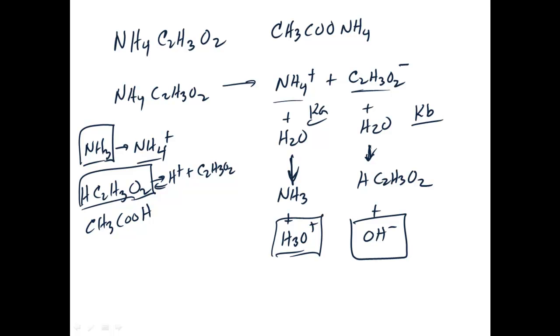So we have to look at a table. You generally have these types of tables in your textbook. And if you don't have a textbook, you can look at handbooks for chemistry, and they will generally have this information in them. So the Ka for acetic acid is equal to 1.8 times 10 to the negative fifth.